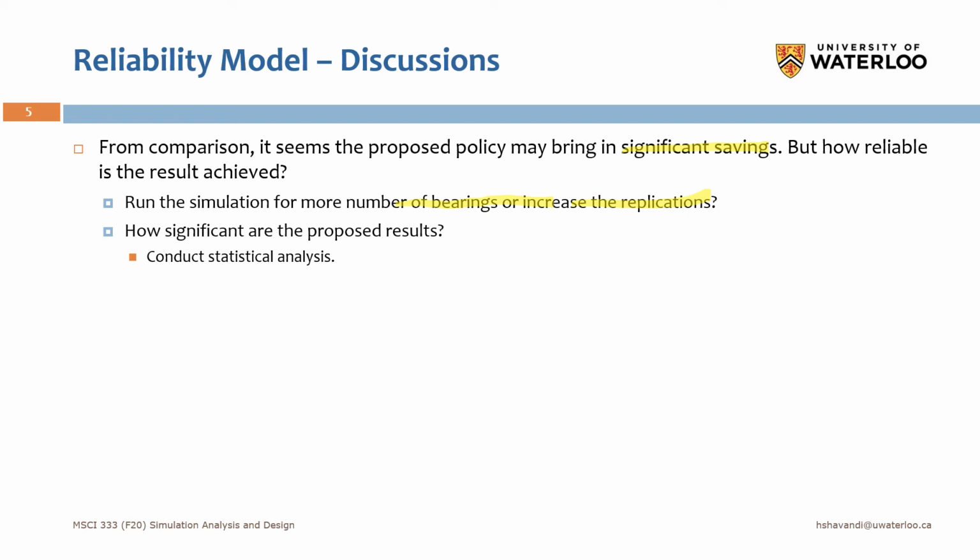And how significant are the proposed results? In order to answer this question, in this chapter we can just consider the average cost, for example. By having a number of replications, we can calculate the average cost and then compare the 2 systems by that average cost.